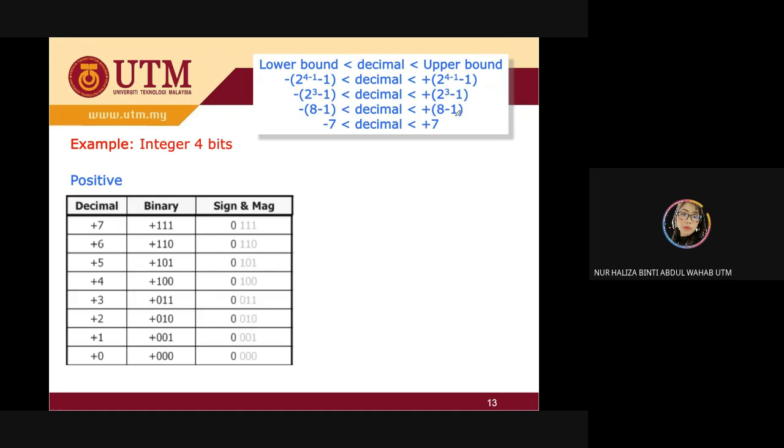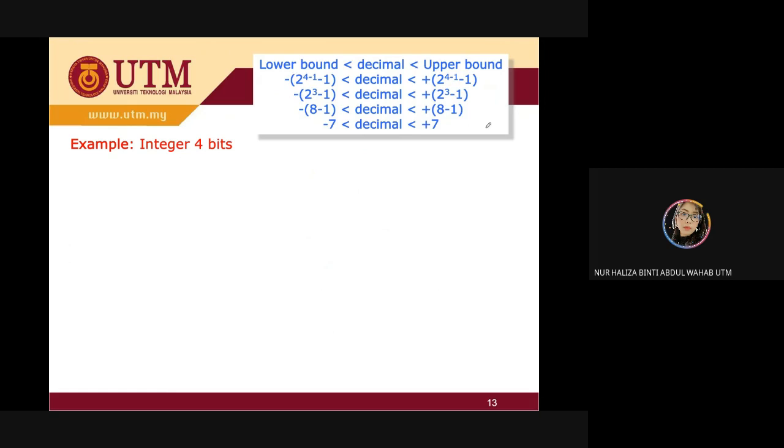And basically why do you get this? As mentioned, if you have 4 bits, what are the possibilities that you will have? Let me show you, let's say 0, 0, 0, 0. Quite many, so please be patient and wait for me to finish. Normally if you have 4 bits, the other 3 will be your magnitude.